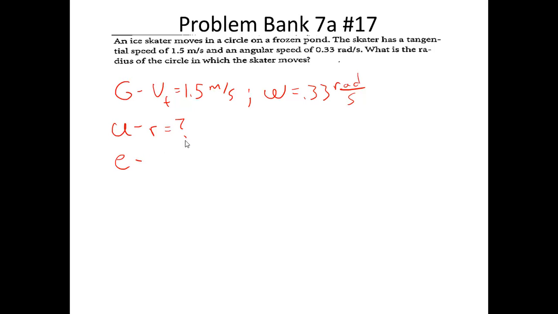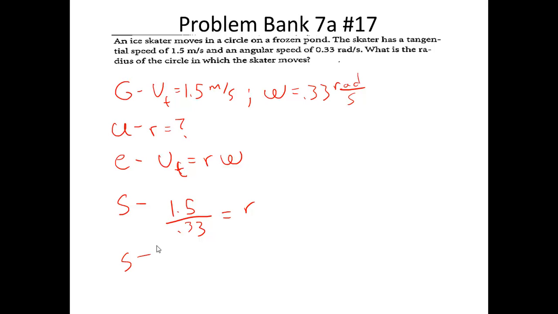Same equation as before. Our tangential velocity is going to be equal to our radius times our angular velocity. Substituting everything in, we'll see 1.5 divided by 0.33 is equal to r.